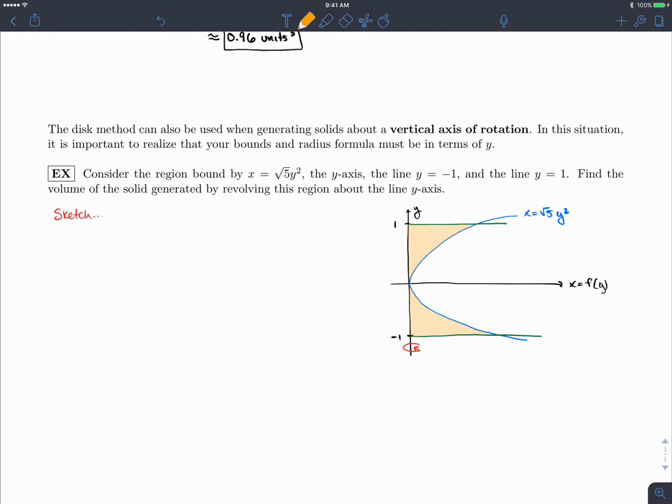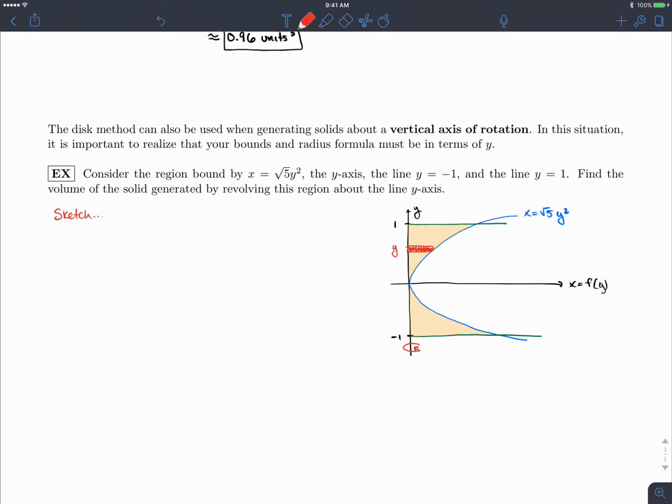Now we also want to make sure that we draw our cross section. In this case, the cross section is going to be perpendicular to the axis of rotation if we're going to do a disk method. So I'm just going to pick a random y value right here and draw a cross section.